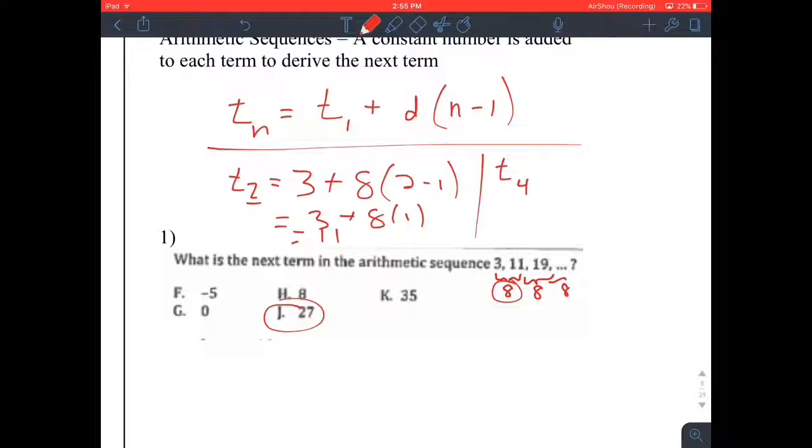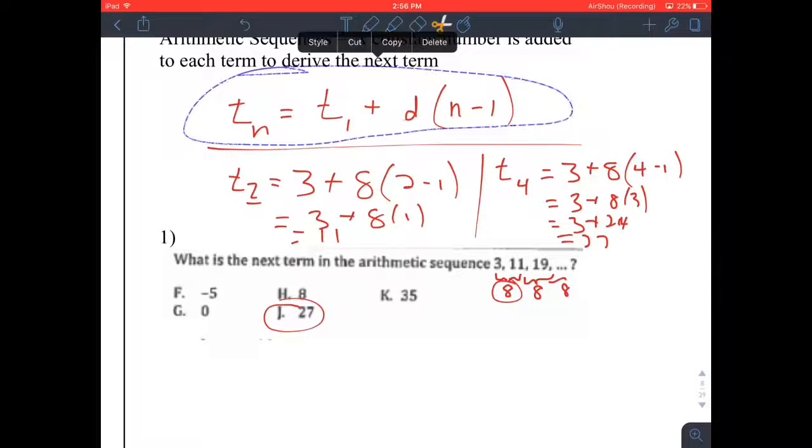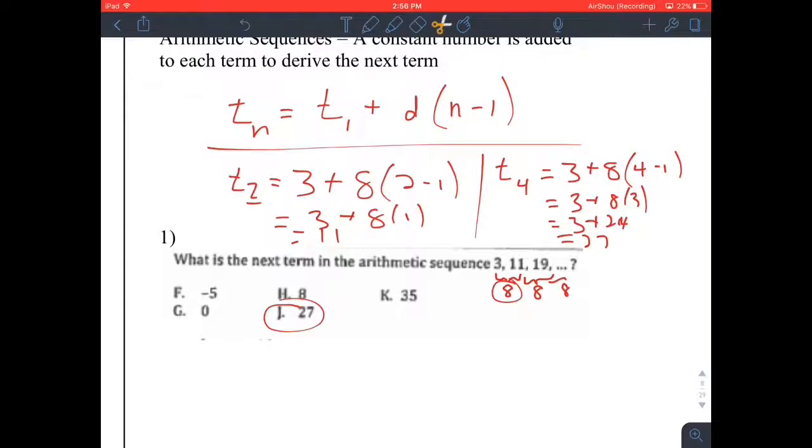Say the fourth term, which is the one that we just found. The starting number is a 3, 8 is the number we're adding each time, and then it's 4 minus 1. So that's 3 plus 24, which is 27. So this is going to be valuable. It's worth remembering.